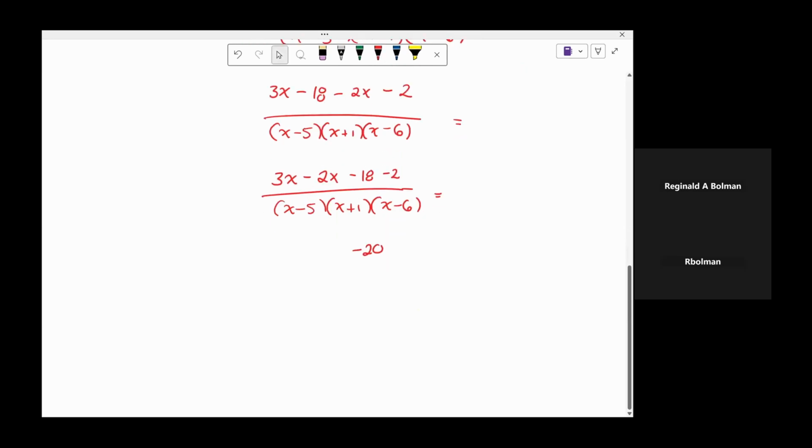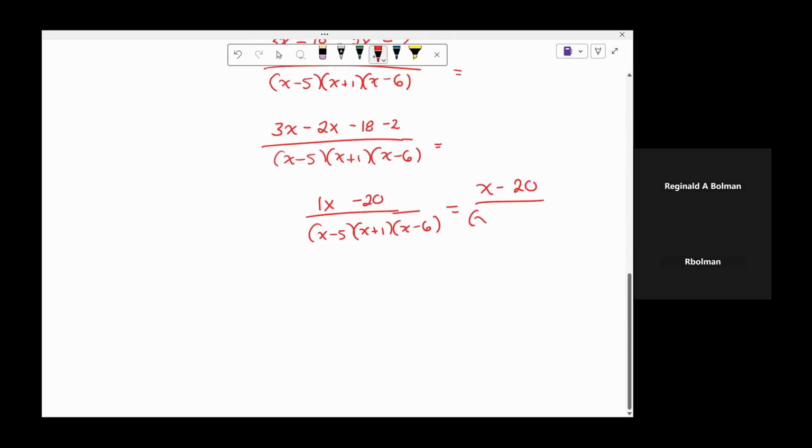I have 3x minus 2x. That's going to give me a 1x. So I have 1x minus 20 all over x minus 5 times x plus 1 times x minus 6. So we just have x minus 20 all over x minus 5 times x plus 1 times x minus 6.